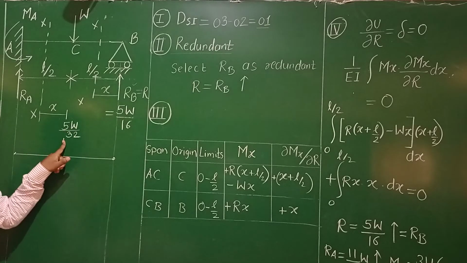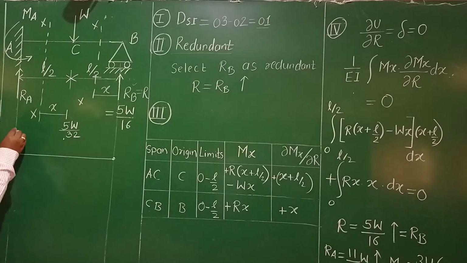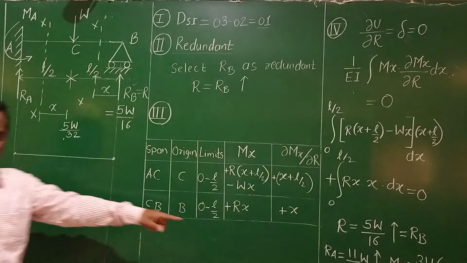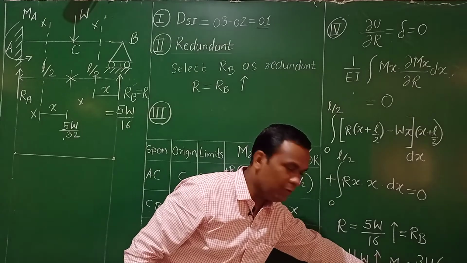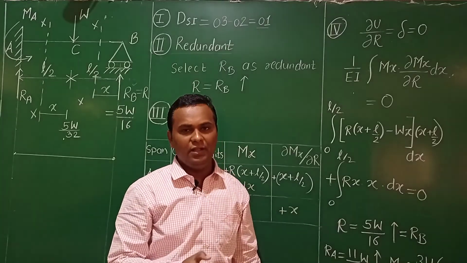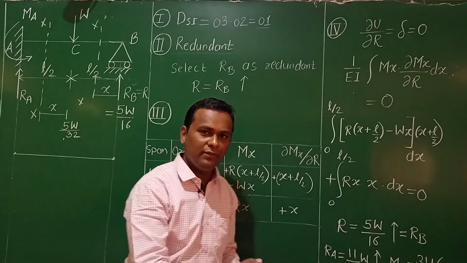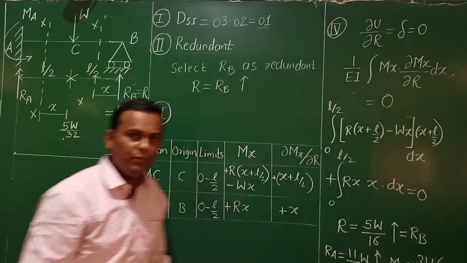And finally, what will be the bending moment at point A? The bending moment at point A will be nothing but equal to MA, the support moment, that is 3W upon 16. As it is anti-clockwise, it will create hogging bending. Otherwise, you can take the calculation considering the right hand side, and you will get the same value, 3W by 16.